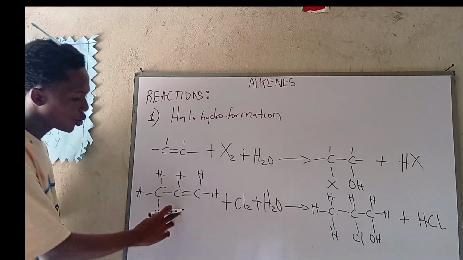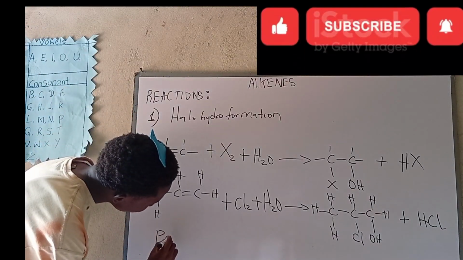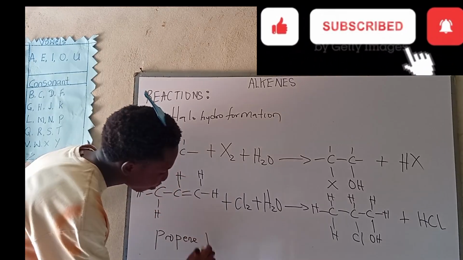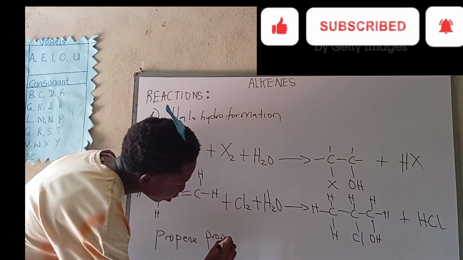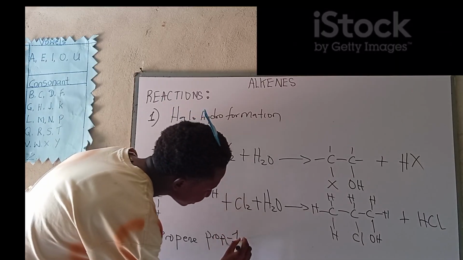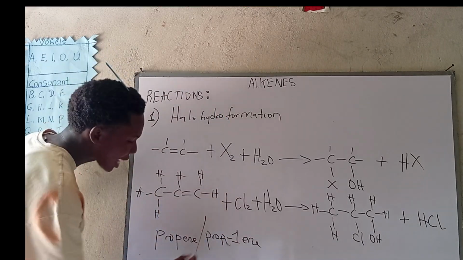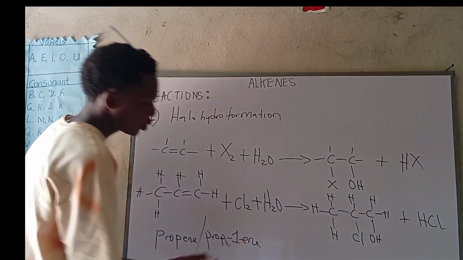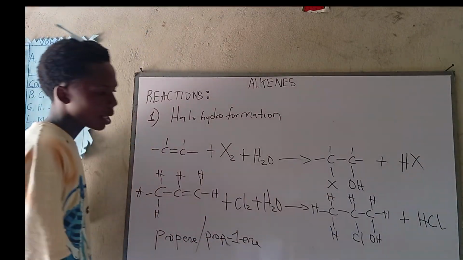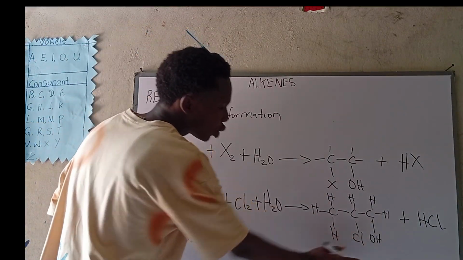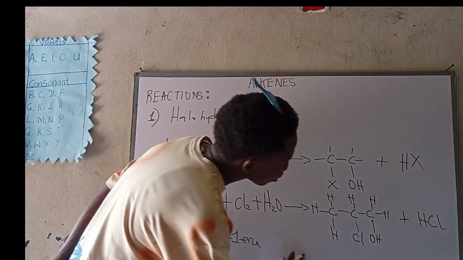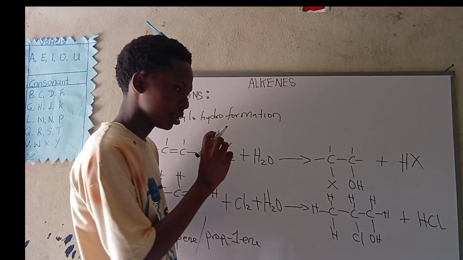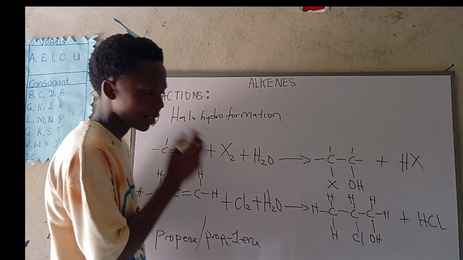Now we can call this guy propene, or prop-1-ene. Our product is going to be called, first of all, we write the substituent, which is the most important here.